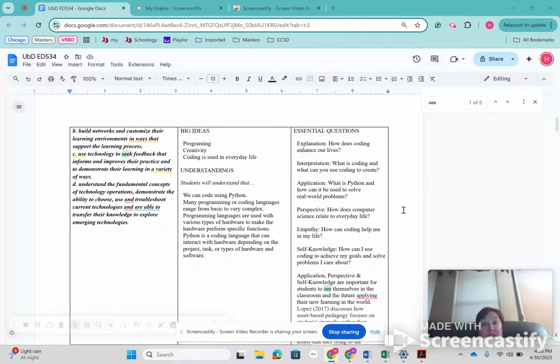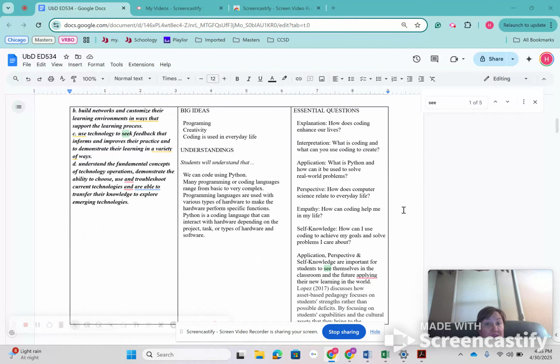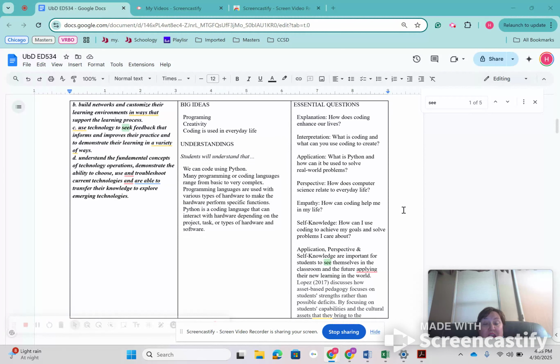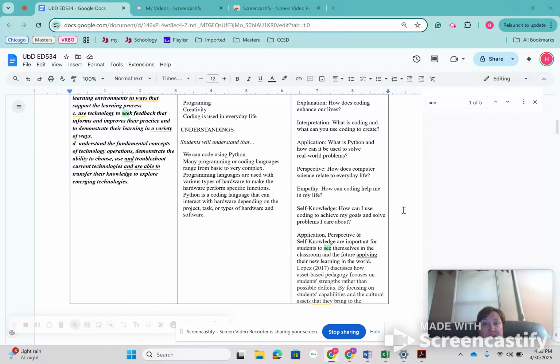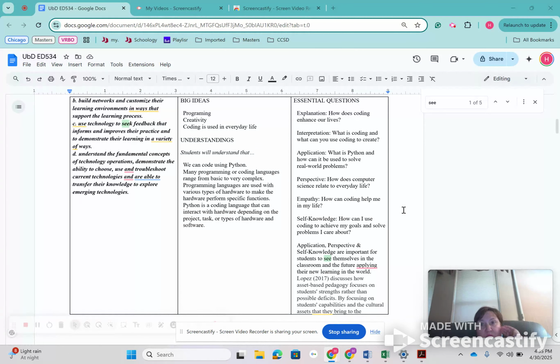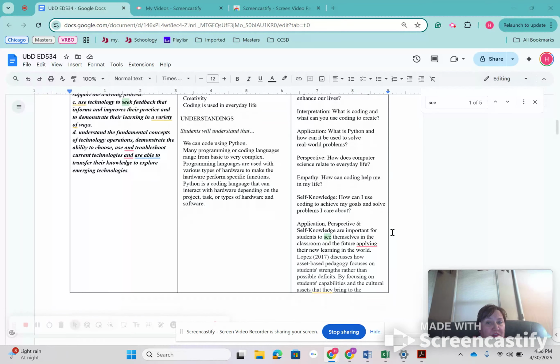So the understandings are that coding languages are complex, and the essential questions fit right into some of our learning this semester, where we're looking at truly the application and when Python is used, how computer science is used daily, how coding might help them in their lives or achieve their own goals.